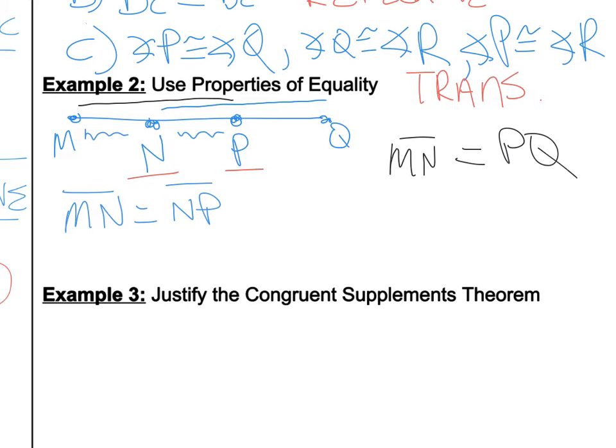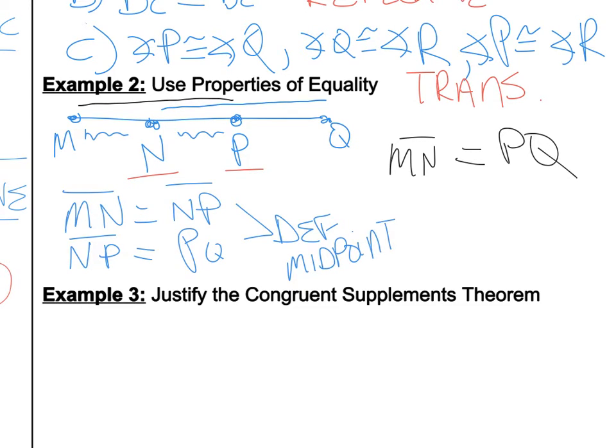Then we could say that NP is equal to PQ. And the reason why we can say both of these is because they're midpoints. So your reason would be definition of midpoint. And then lastly, to show what we want, to prove that, it would be the transitive property, okay?